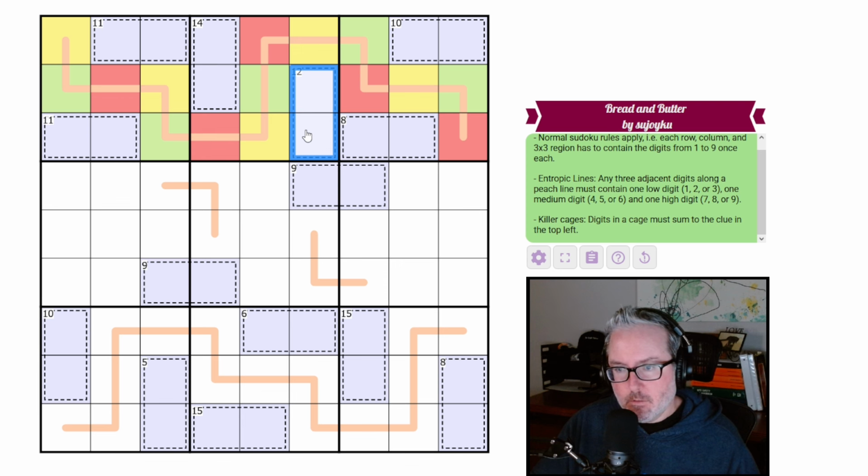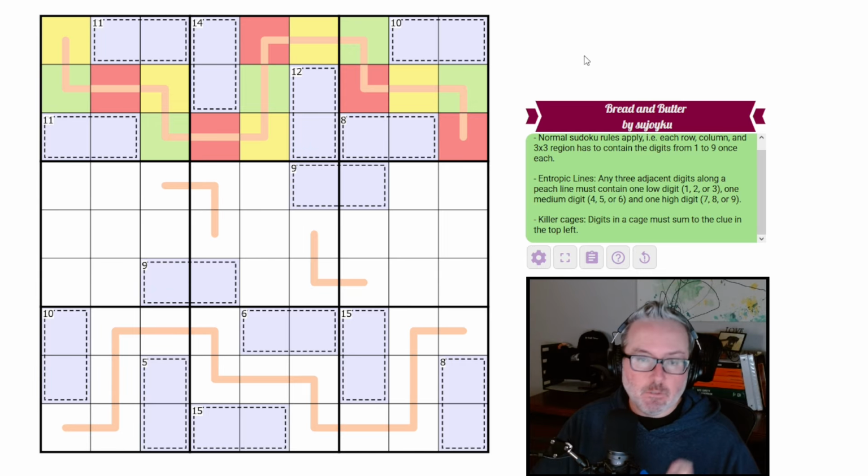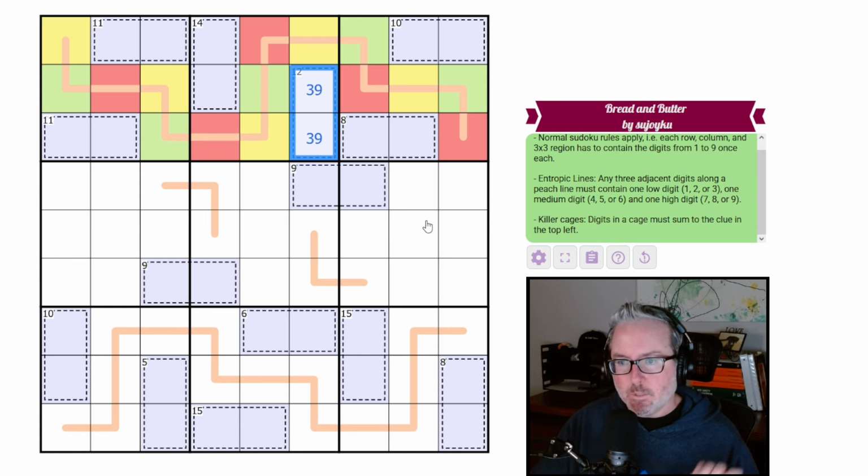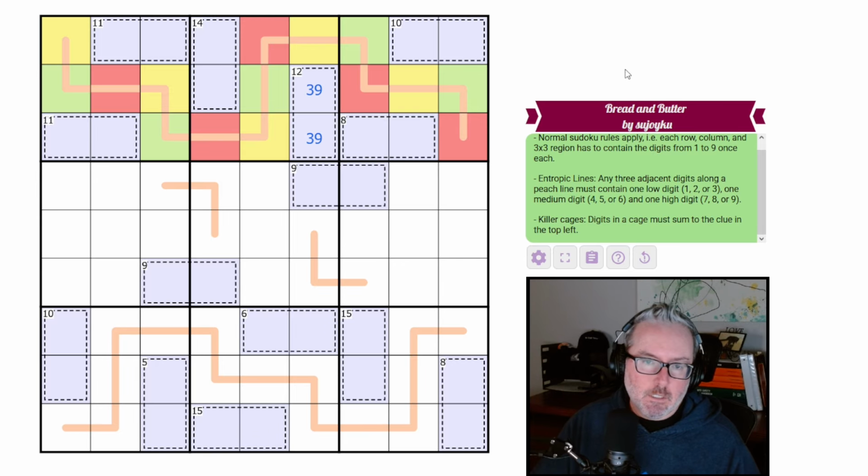And therefore, the 12 must have a low, because the low is now either red or yellow. We still need one more of them. And again, we just said we can't put them here. So this has to be a 3, 9, because the 3 is the only low digit that will work in the 12 cage.